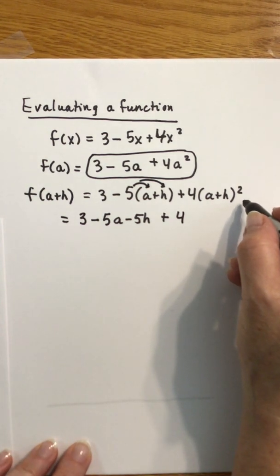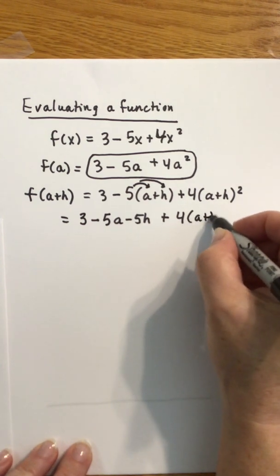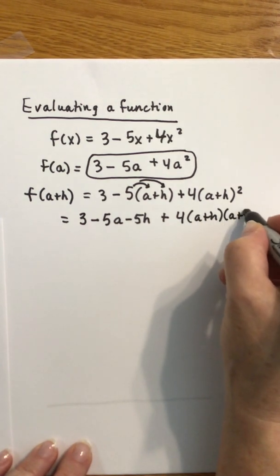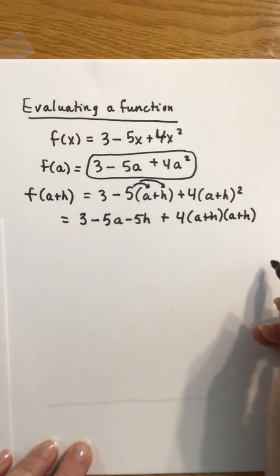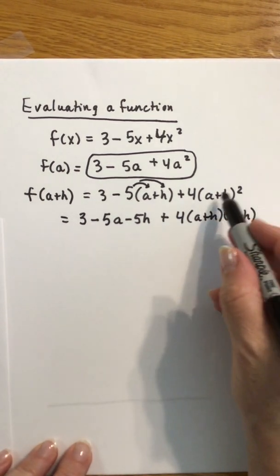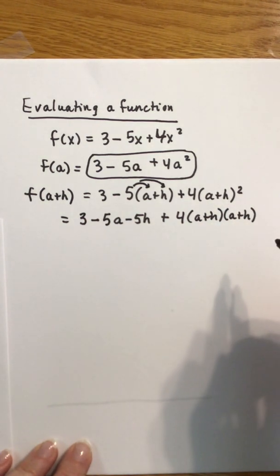Now I've encouraged you to make sure if you have something like this, then we write it as a plus h, a plus h. And the reason we do that is so we don't forget the middle term, because a lot of times people will just square and write it down. But we have a middle term, so you have to make sure you do that.